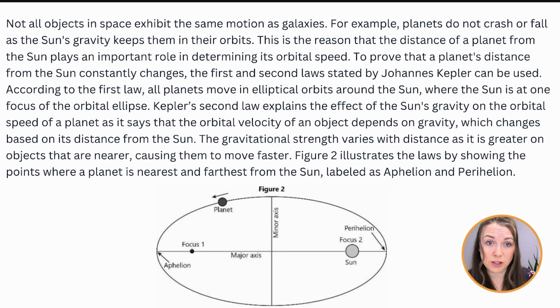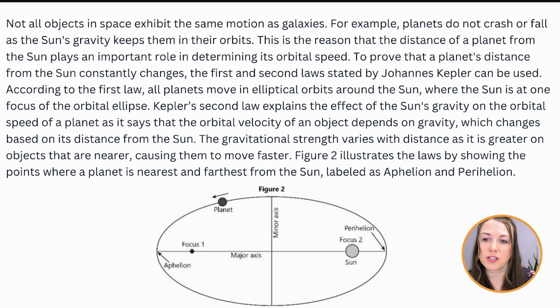According to the first law, all planets move in elliptical orbits around the sun, where the sun is at one focus of the orbital ellipse. Kepler's second law explains the effect of the sun's gravity on the orbital speed of a planet. It says that the orbital velocity of an object depends on gravity, which changes based on the distance from the sun. The gravitational strength varies with distance, as it is greater on objects that are nearer, causing them to move faster.